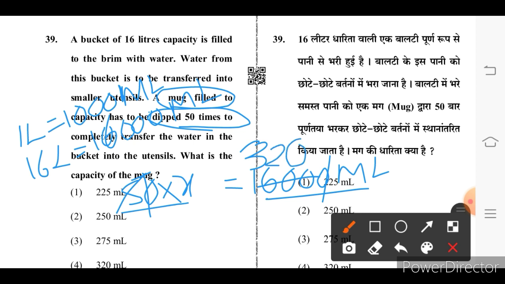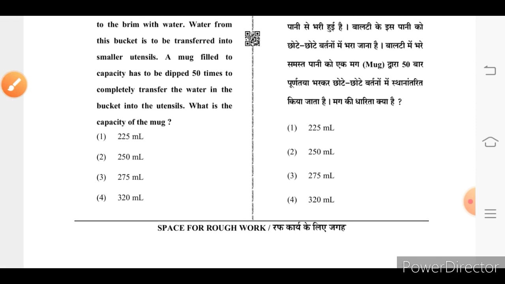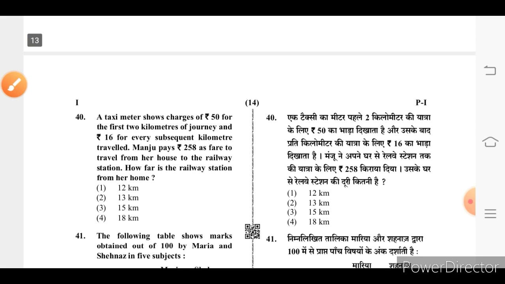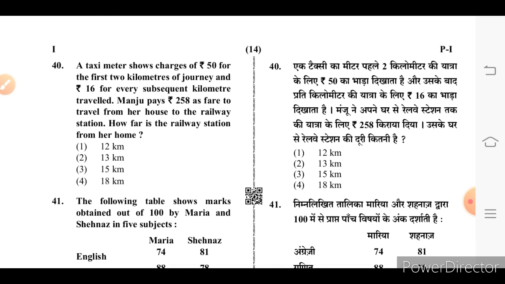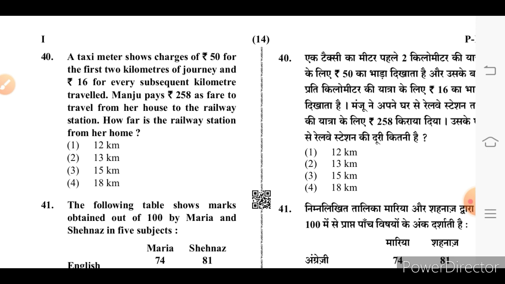So 50 X equals 16,000, giving 320. So fourth option is correct. 320 is the correct answer. 320 milliliters.